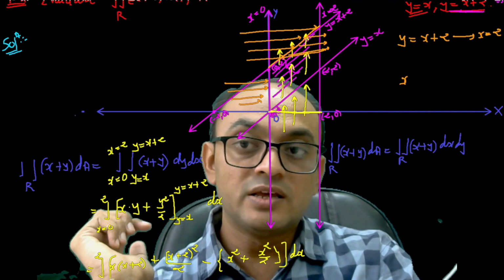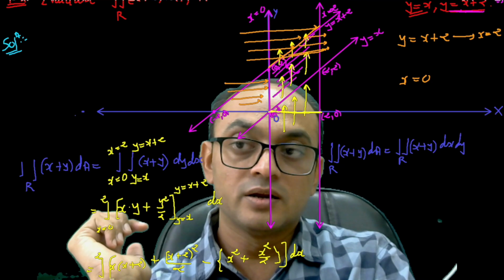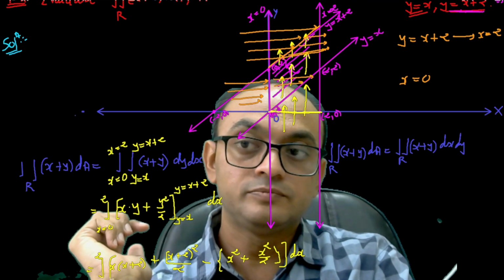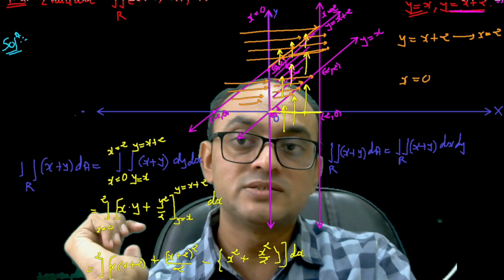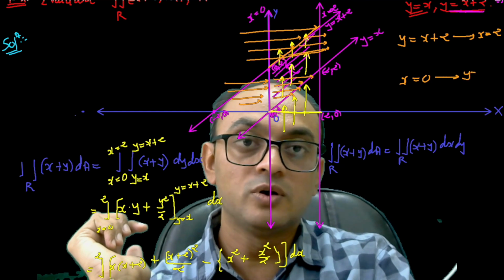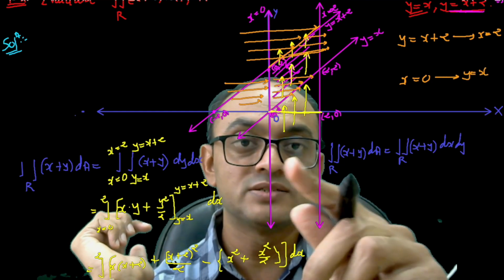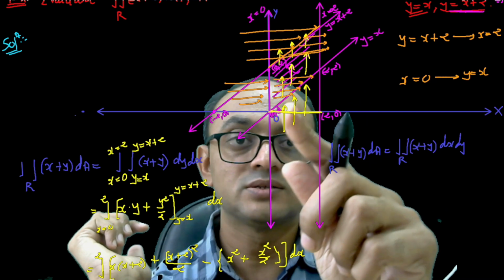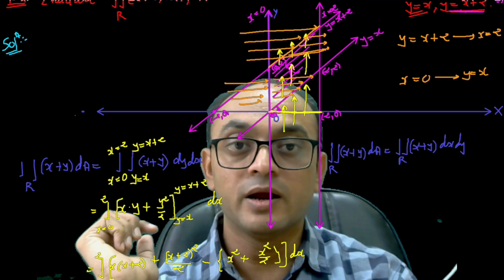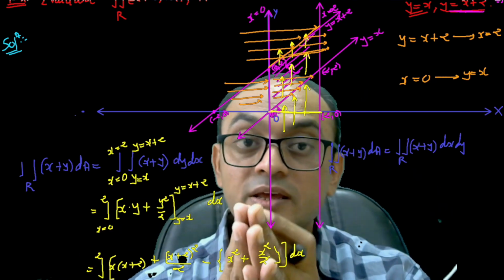So this entry is x equal to 0, right? We are moving ahead and we exit from the curve y equal to x. See, this is our exit. Y equal to x is our exit, right? That means what is happening here?